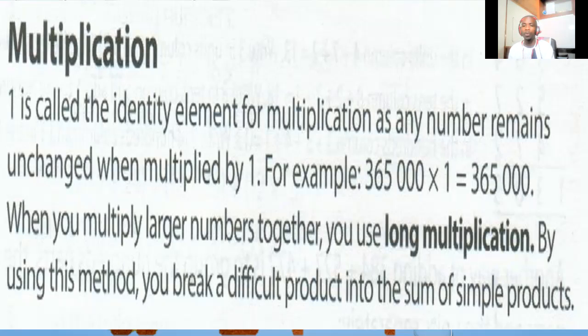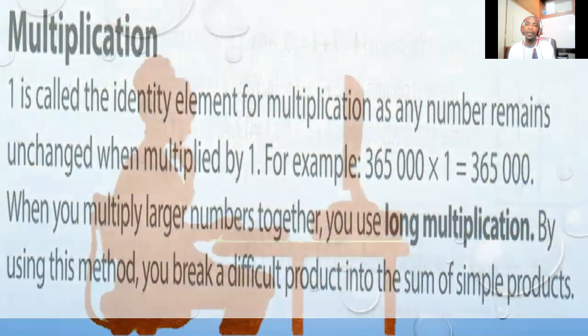Also, we do long multiplication when we are dealing with large numbers. And we use this method to break the difficult product into a sum of simple products. You will see and understand this statement.